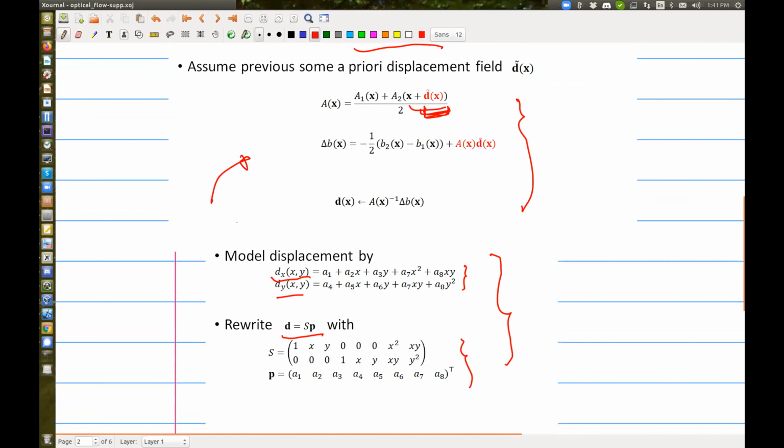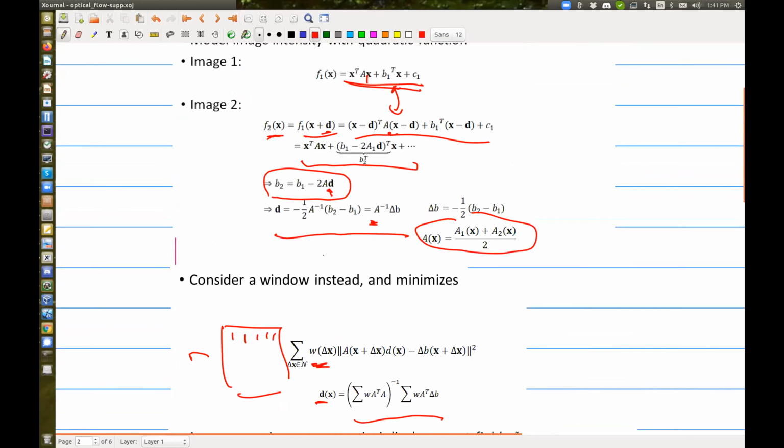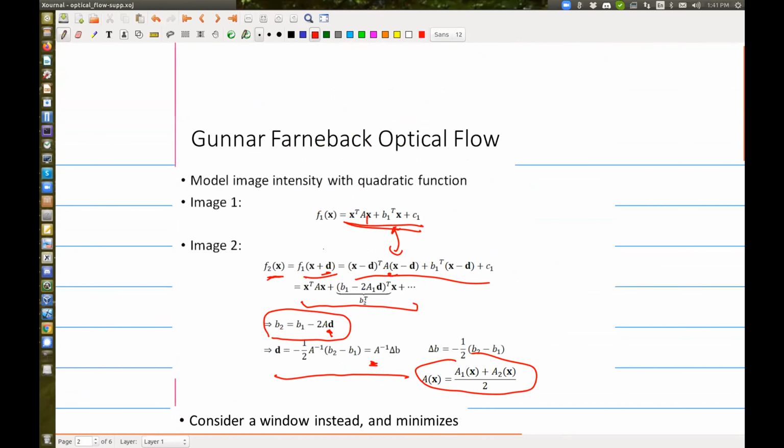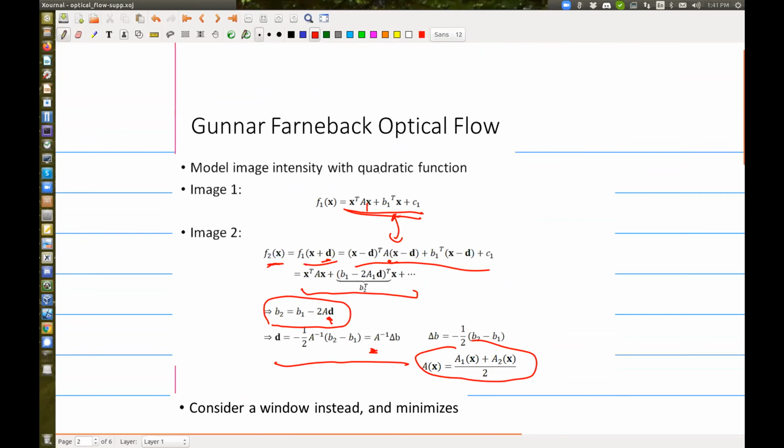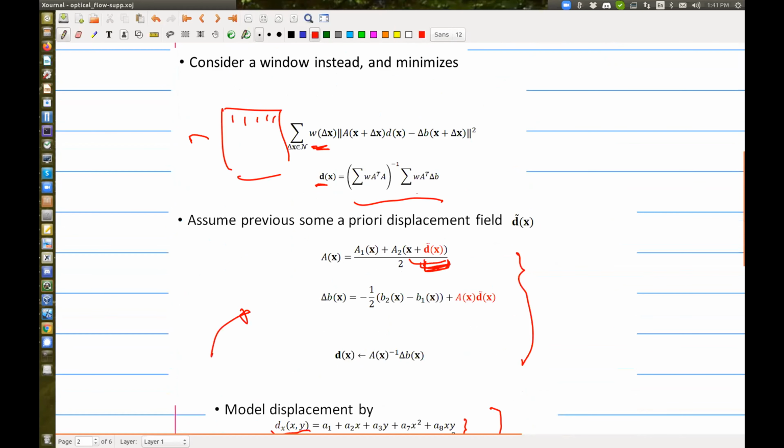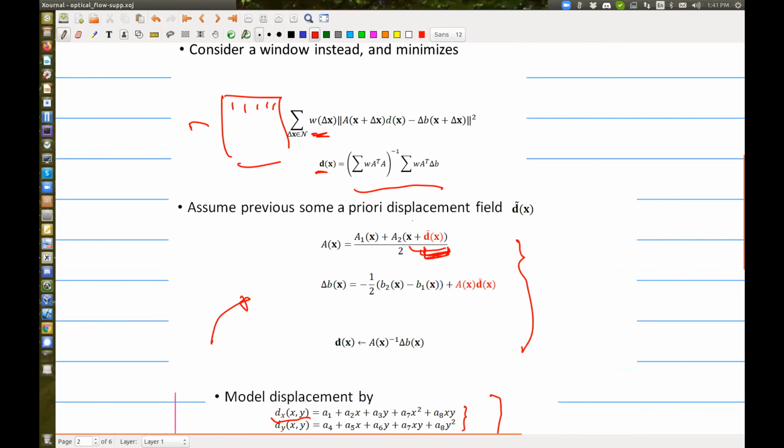But of course, most of the time you don't need to actually implement this, because for example the Farnebäck method is already implemented in OpenCV. But it's good to know a little bit of this detail, so you know what the parameters mean.